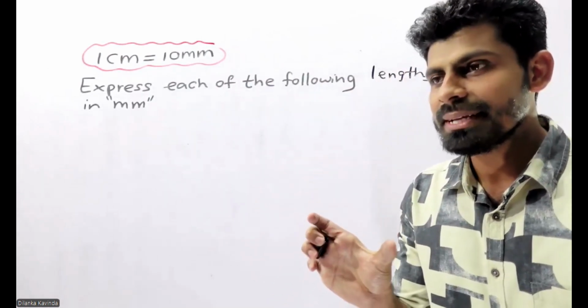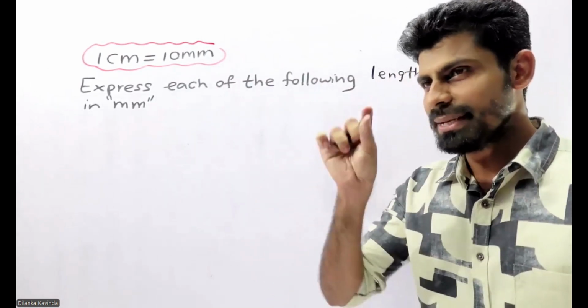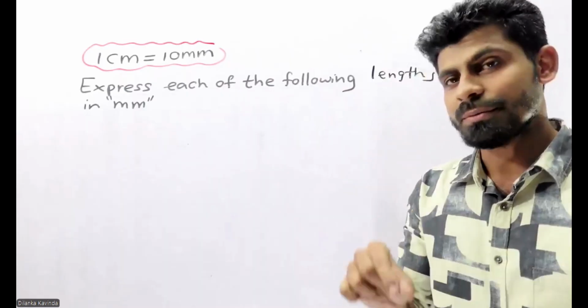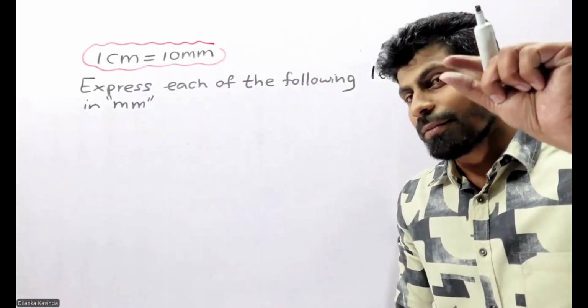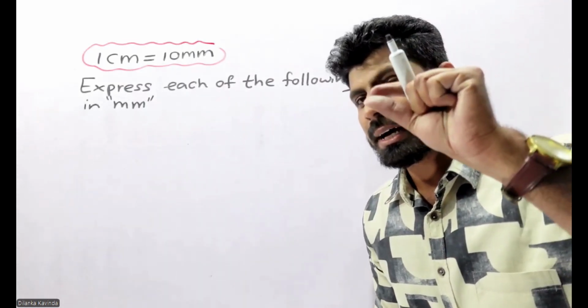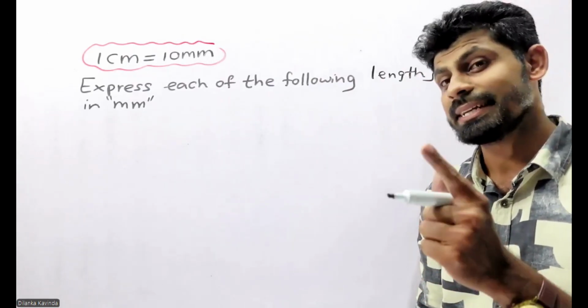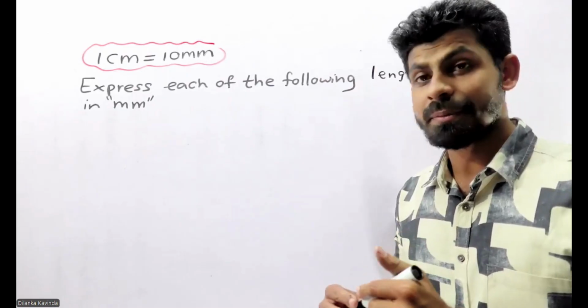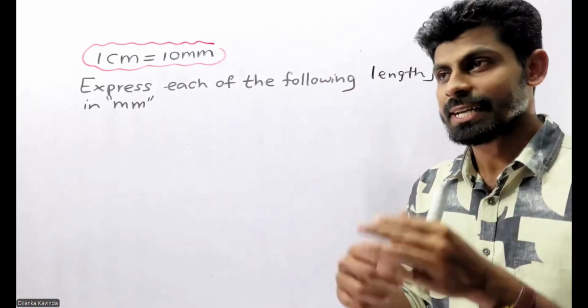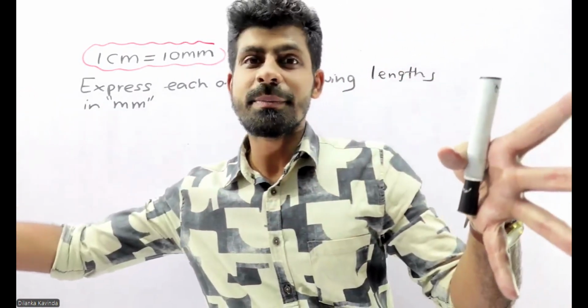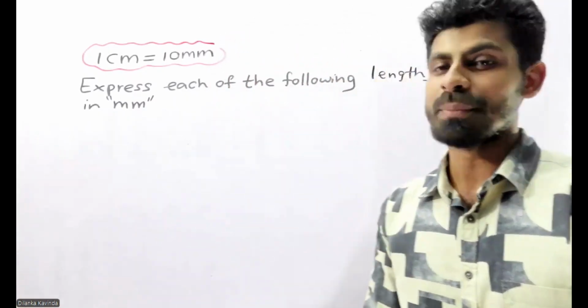Millimeter, centimeter, kilometer. Millimeter is a very small amount, like the thickness of a coin. Centimeter is like the height of a pen. Kilometer is like the distance between 2 cities.